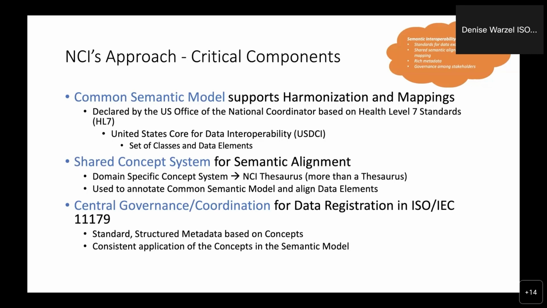We also have determined that we're going to use a shared concept system for semantic alignment. And because the NCI has a specialized group of experts who create our terminology, it's called the NCI Thesaurus. It's really much more than a thesaurus, but it covers concepts not just for cancer, but for pretty much all diseases and domains within biomedical research.